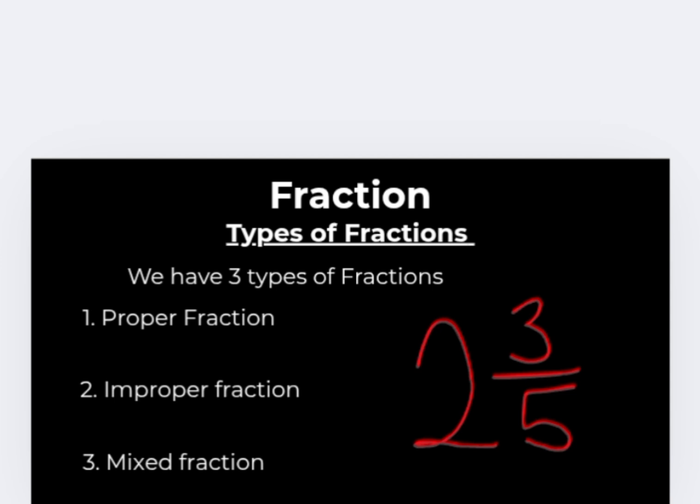This is a whole number. It could be 4, it could be 10, it could be 100. Once it's attached to a fraction such as this, it's a mixed fraction or a mixed number. Right?